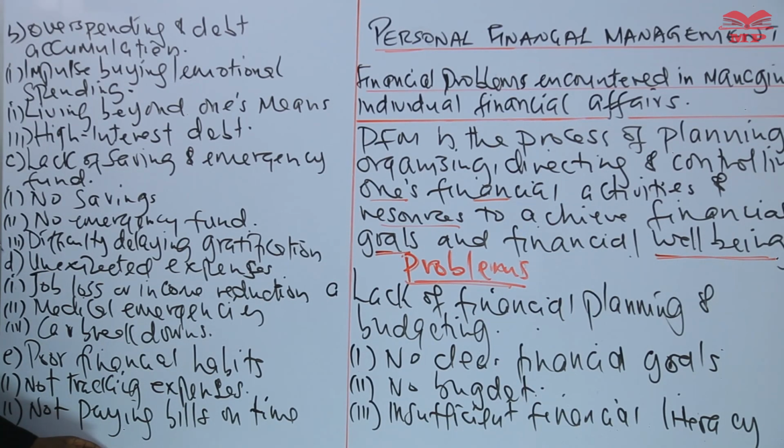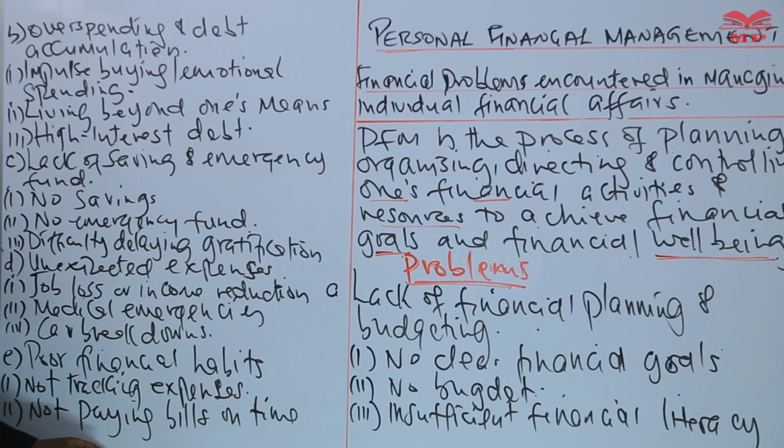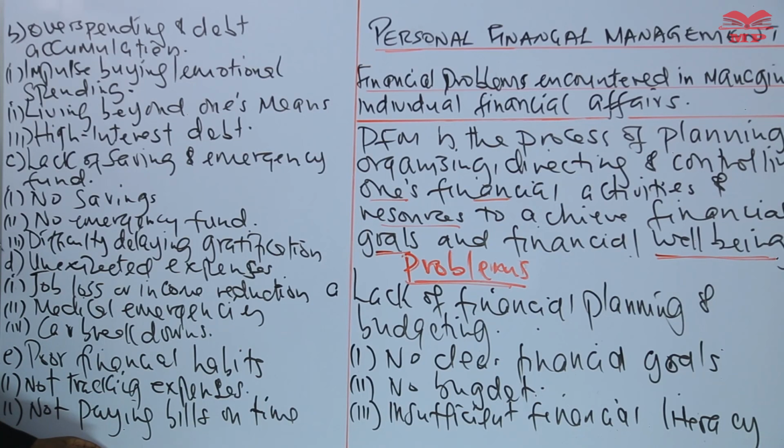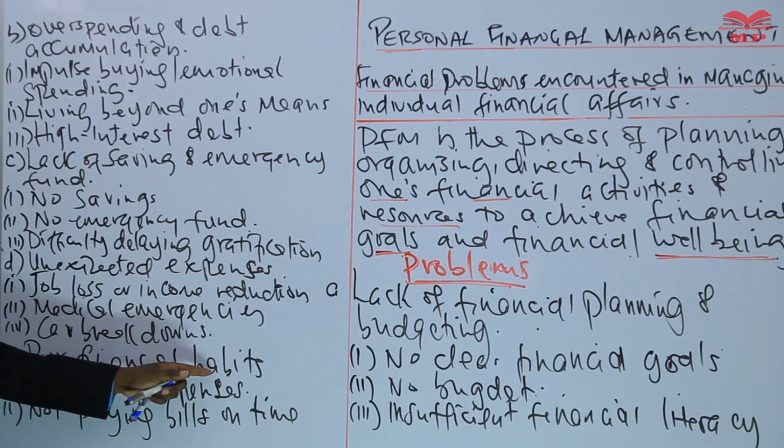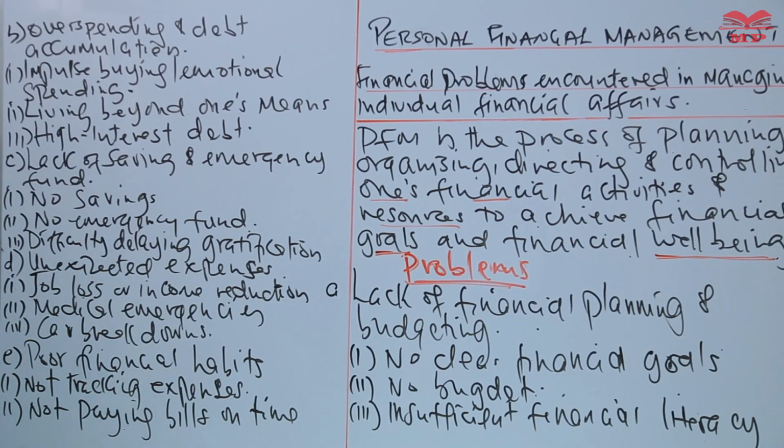I know landlords in Nairobi will charge an interest or penalty on rent default. If you are to pay your rent on, say, the 5th and you fail to pay the rent by the 5th, then the tenant may be required to pay some money on the delayed rent, and that is a poor financial habit. Not paying bills on time.